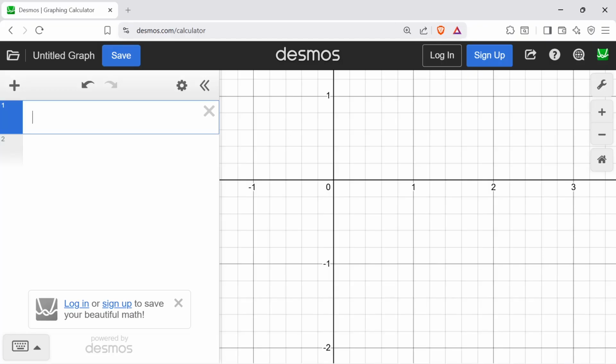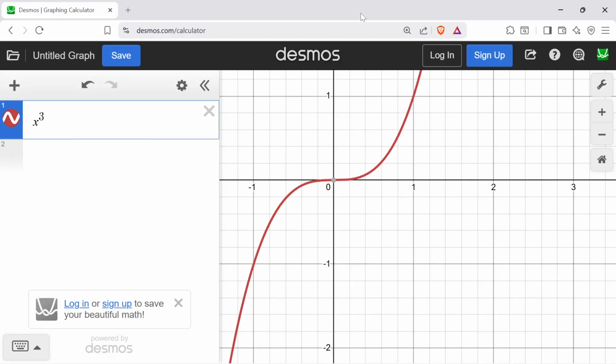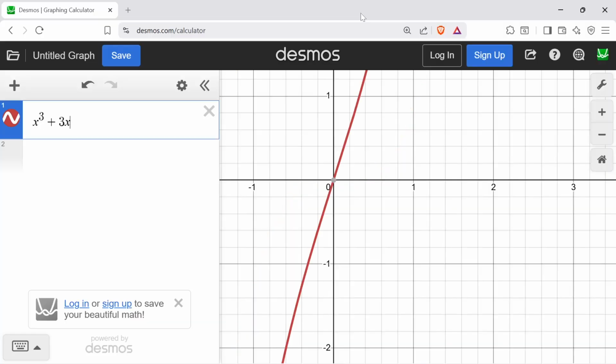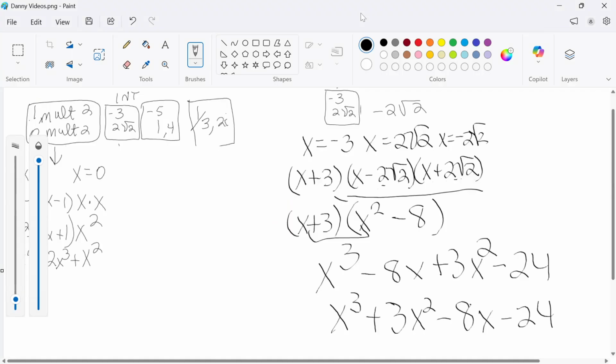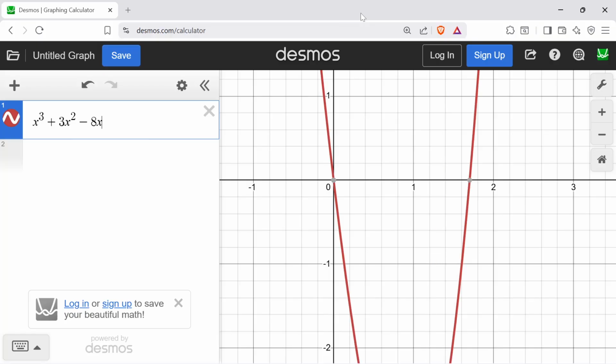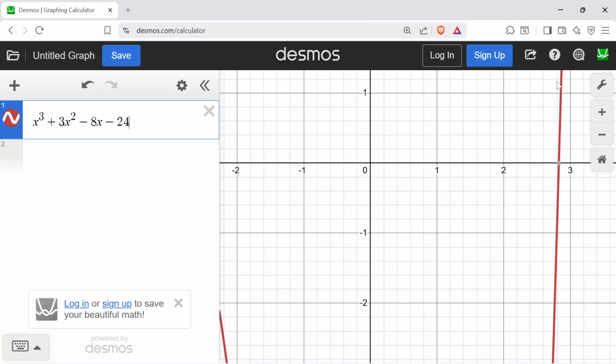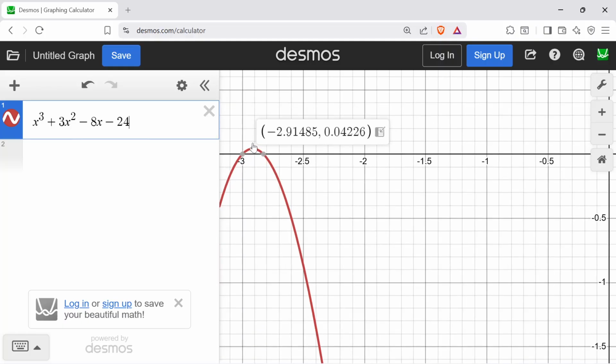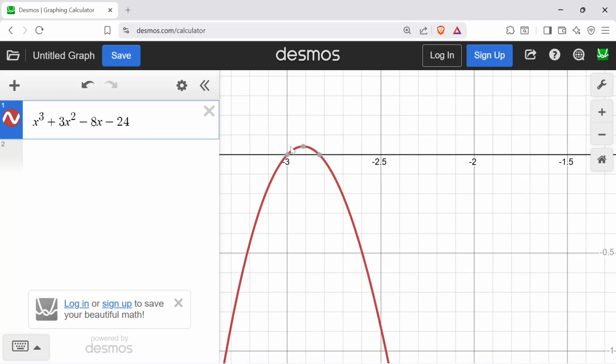And I'll show this one on Desmos. X cubed plus 3x squared minus 8x minus 24. And let me look at it. I can see here's my negative 3. I think that's 2 square root of 2 or negative 2 square root of 2.